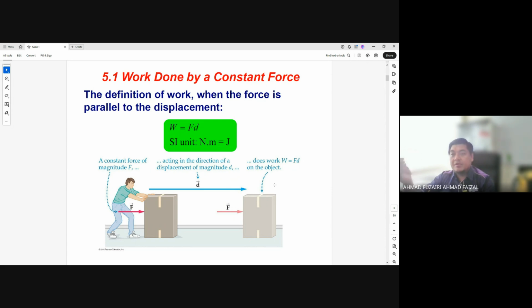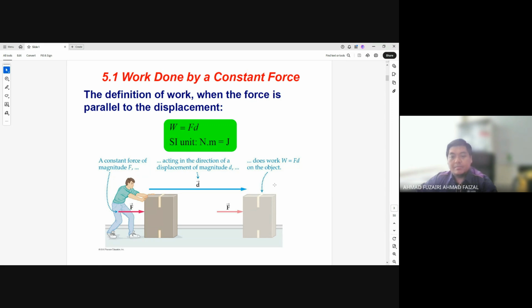That means it is a dot product of force and displacement, where the force is a vector quantity and displacement is also a vector quantity.